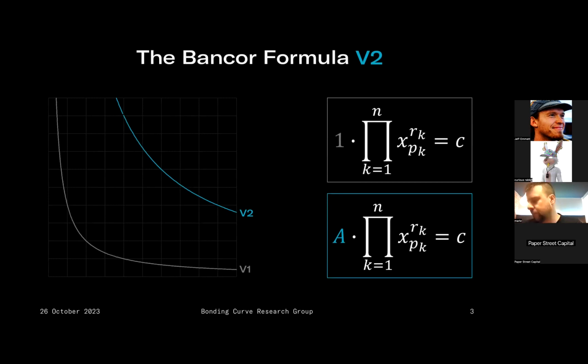Just recall that from the last lecture, what I was trying to demonstrate with some visual proofs is that the way the Bancor V2 formula operates is to add an amplification factor to the Bancor V1 formula, which means you end up with a curve that behaves as if it has more liquidity in it than it really does. In the language of the patent, we refer to this as virtual liquidity or virtual token balances.